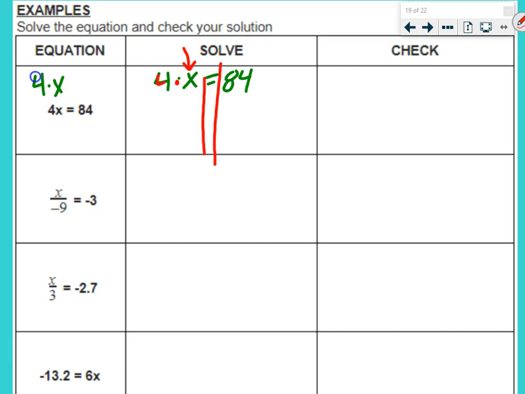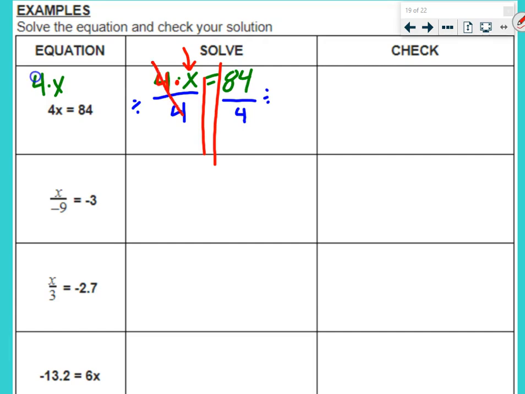We're multiplying it by 4, so we need to undo that with its opposite. The opposite of times is divide. We also use a fraction bar to represent division instead of a divide sign. So we would draw a line underneath it, put a 4 underneath it because we're dividing by 4. If we divide the left-hand side by 4, we have to divide the right-hand side by 4.